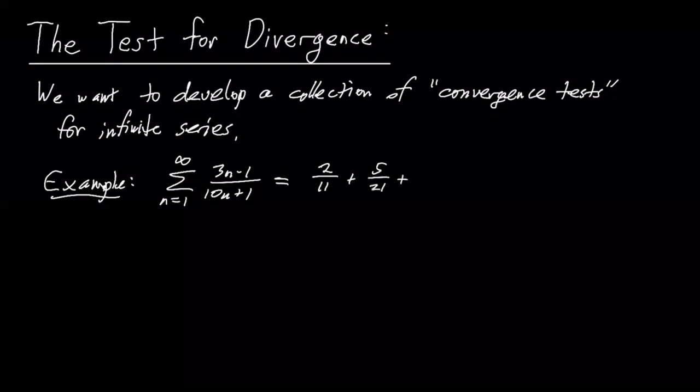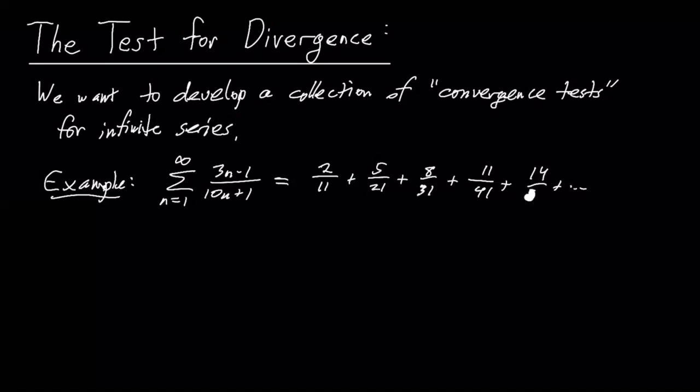You can compute a few of these yourself. Then 8 over 31. Actually, we talked about arithmetic progressions, and both the numerator and denominator here are arithmetic progressions. And so you see these terms, which are sort of interesting.